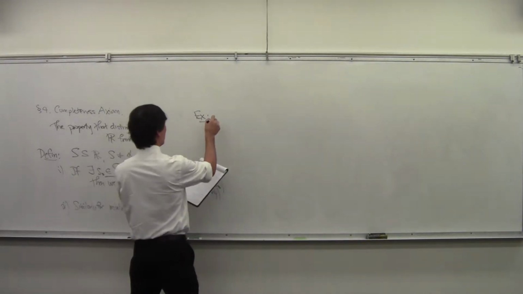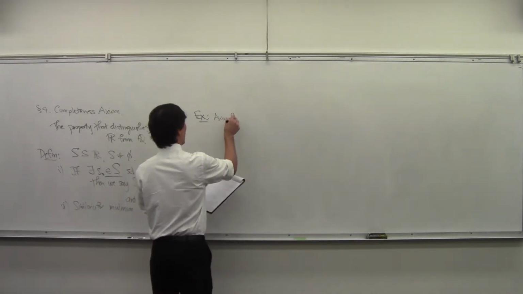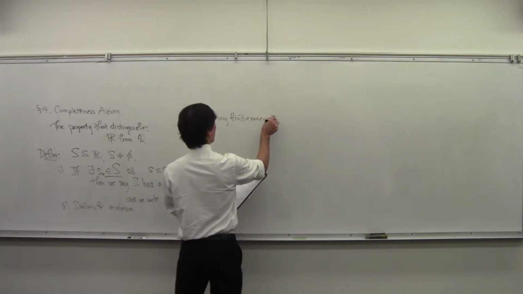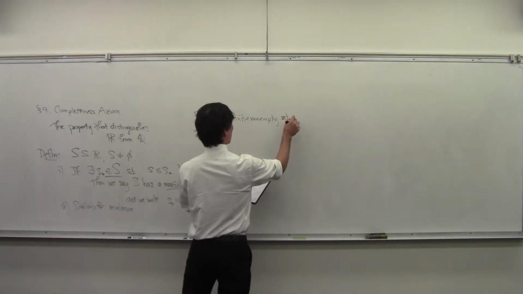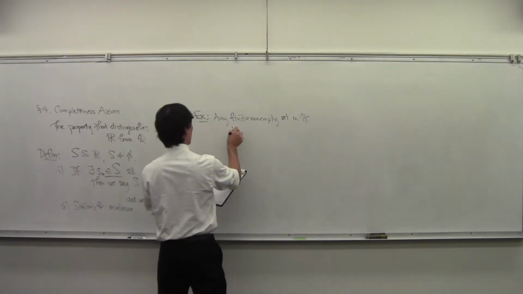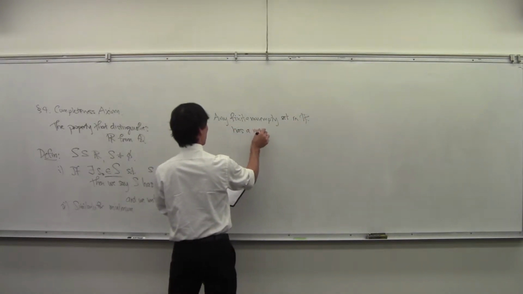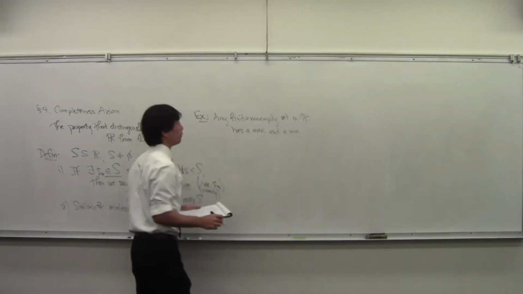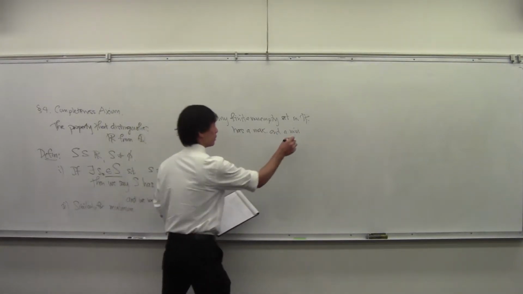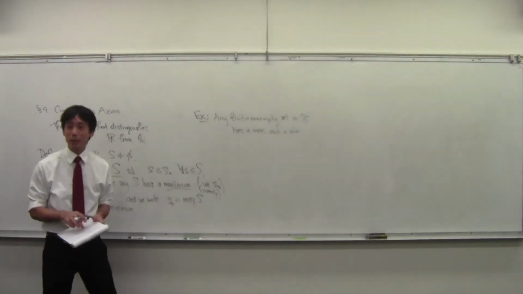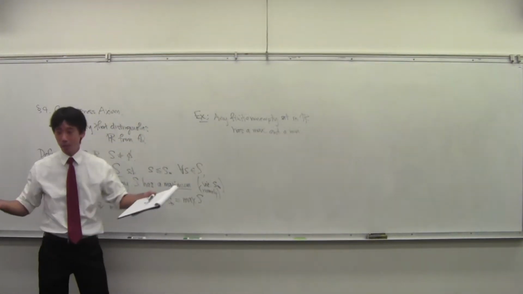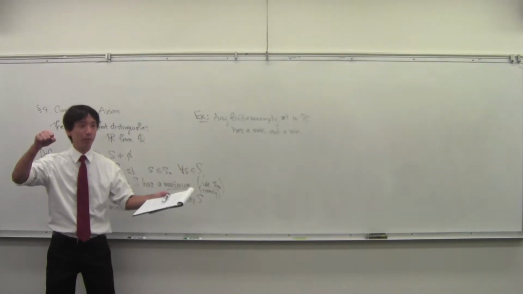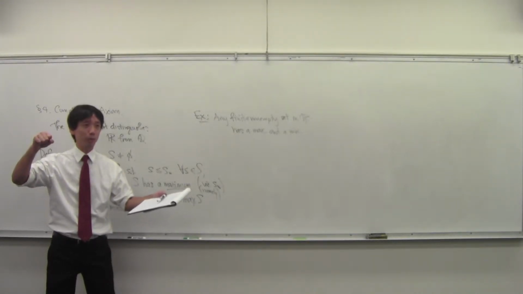So for example, any finite non-empty set in R has a maximum and a minimum. That's sort of obvious, right? If you have a finite number of elements, then there's going to be some biggest one, and that one will be the maximum.